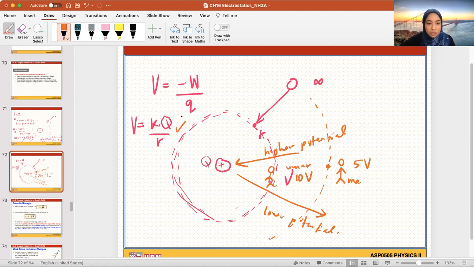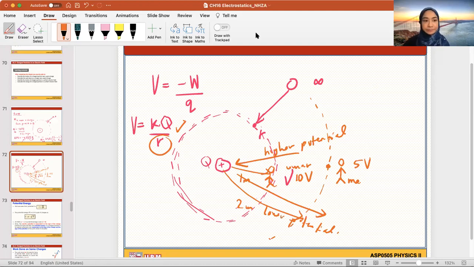I use this equation, KQ over R. So if Umar is 1 meter away and I am 2 meters away, our V is different by the R. Umar will use a radius of 1. I will use an R of 2. So that makes my V smaller. Okay, so V, and then what else?